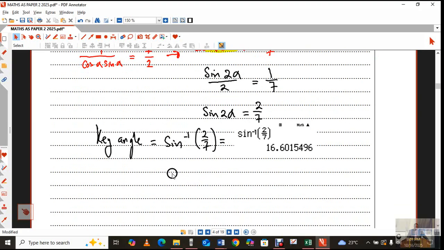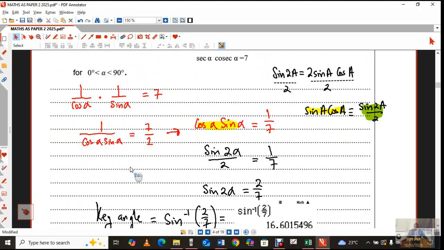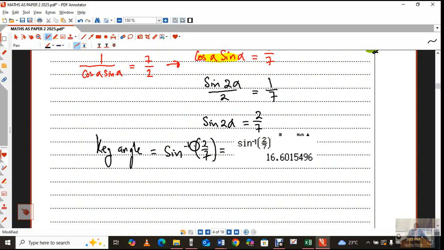However, we have to consider a new domain, because our answer is not just in the first quadrant. You have to be a bit careful. Our domain is for sine 2 alpha, so our new domain, so to speak, this will tell us exactly the number of solutions, is going to be 2 alpha, and you multiply each one of those terms, the 90 times 2, which is 180 degrees.